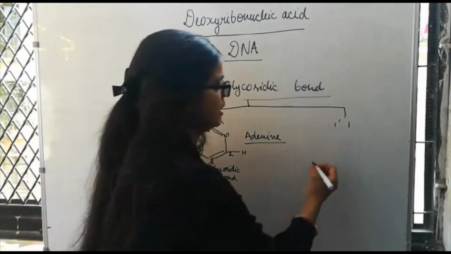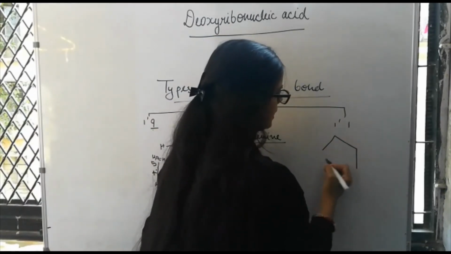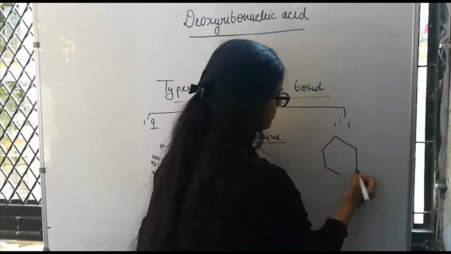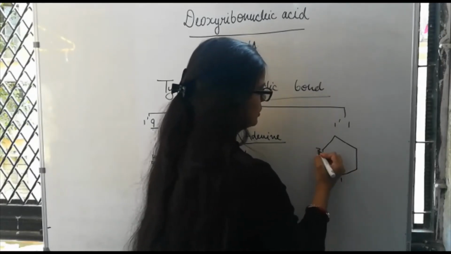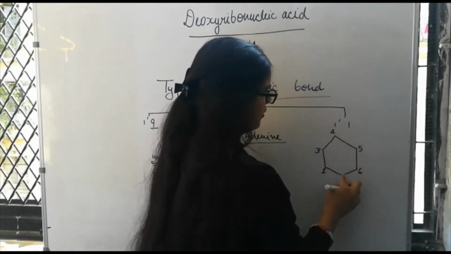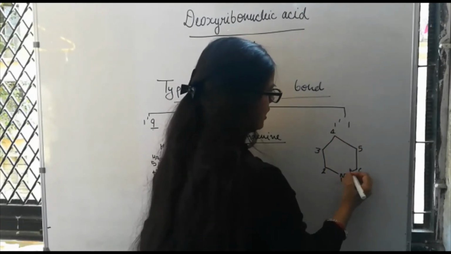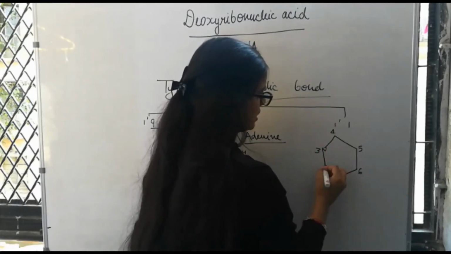As we know that pyrimidine is a single ring structure: 1, 2, 3, 4, 5, 6, and at the positions 1 and 3 nitrogen is attached.